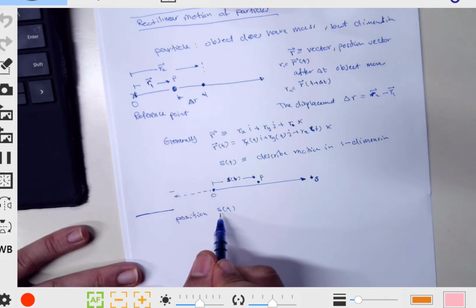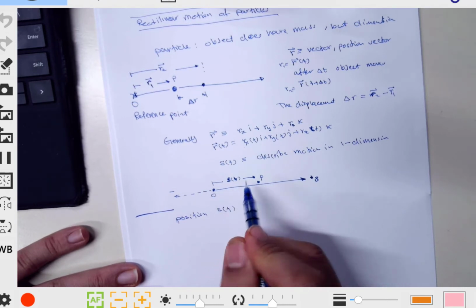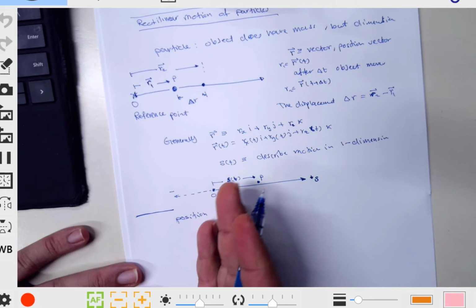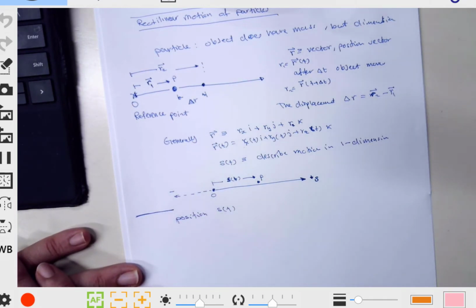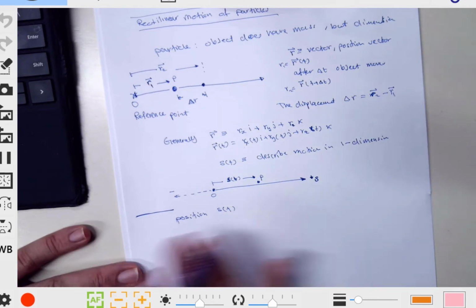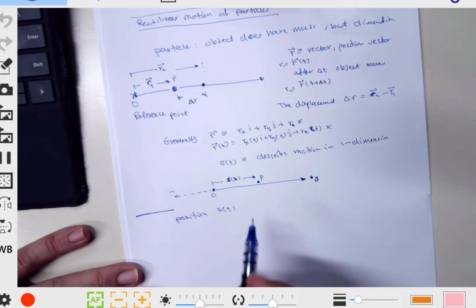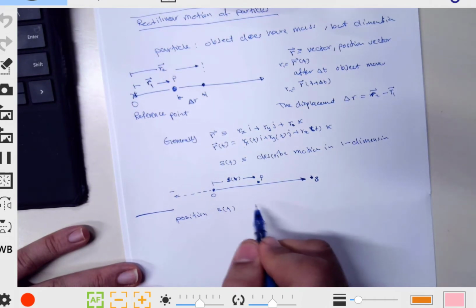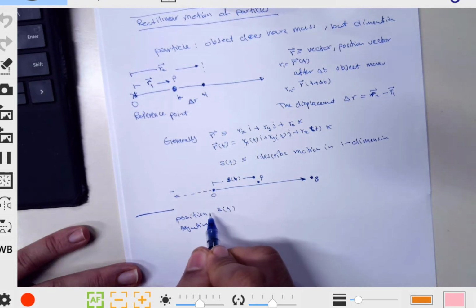So a positive value means the object is measured toward the right, and negative to the left. It's good to keep this as a common convention, especially when we solve problems. You will see most problems have this notation. So this could be positive or negative.